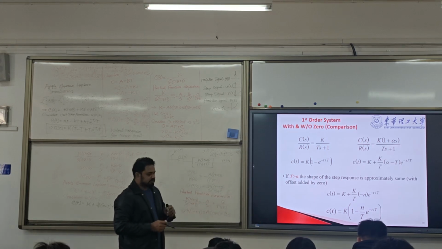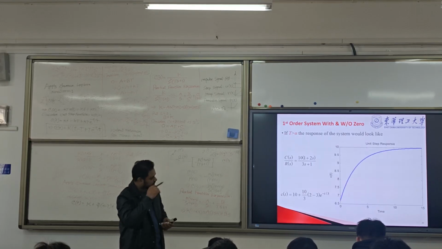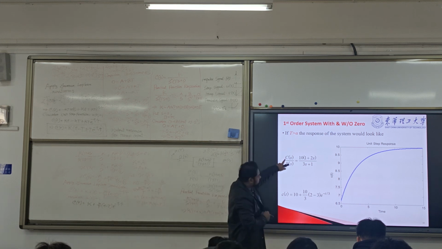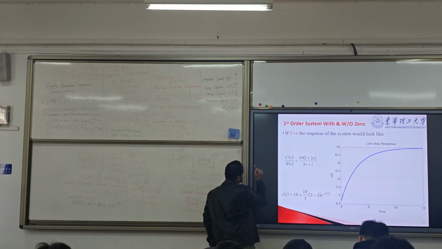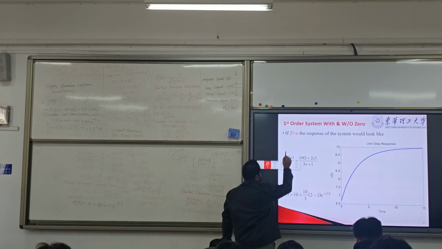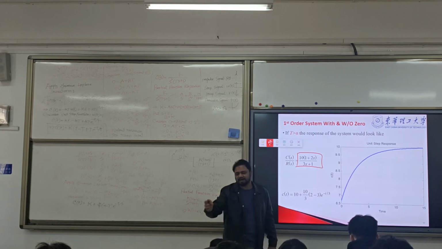Now we will see how this will affect our system. Look at this. We have a system. In this system, what is alpha? 2, T is 3. So this system you can rewrite it. How?